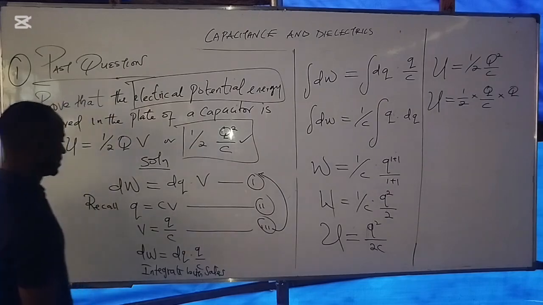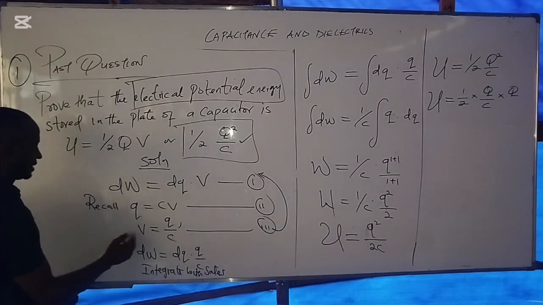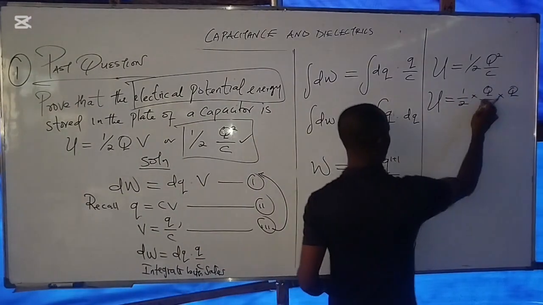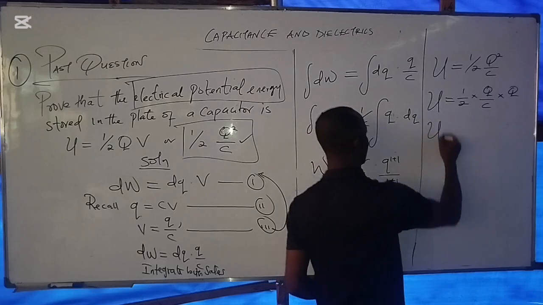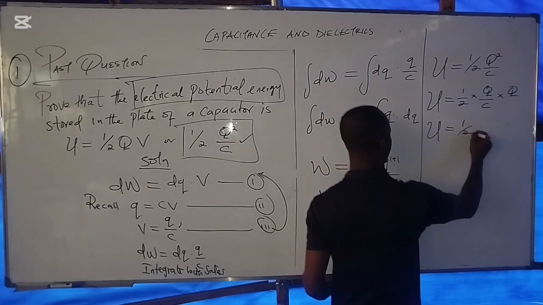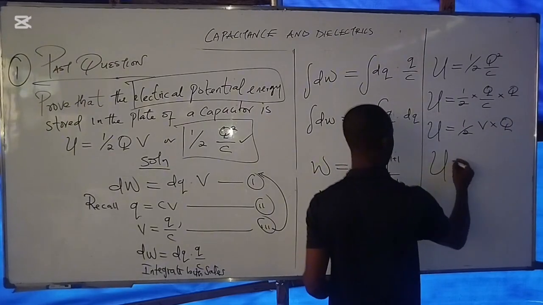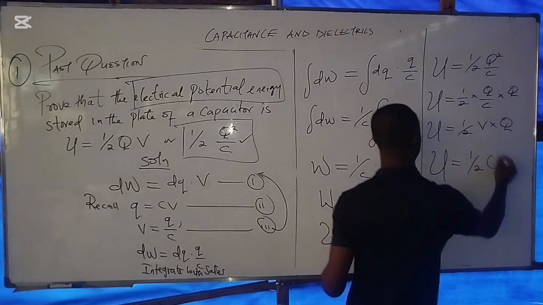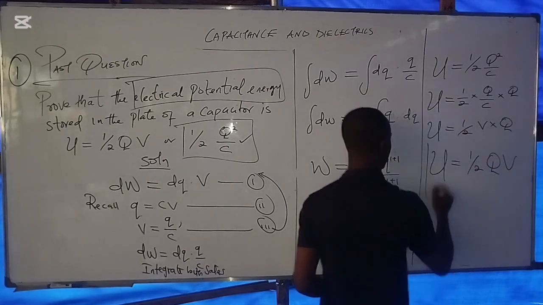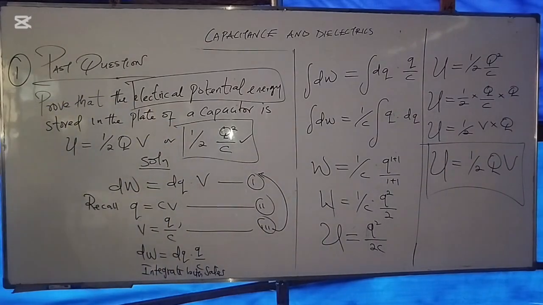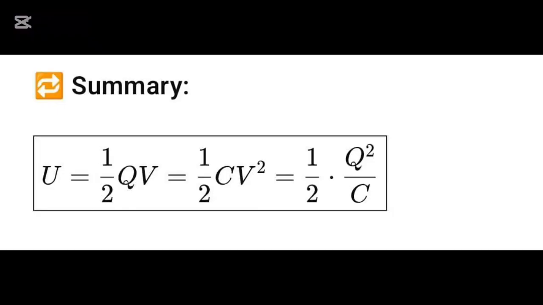But remember that Q over C is equal to V. So this Q over C represents our V, and our energy becomes half V times Q, which is half QV. We have seen the second derivation of this formula.